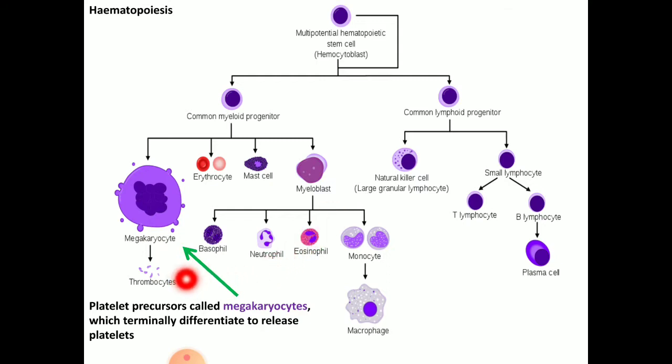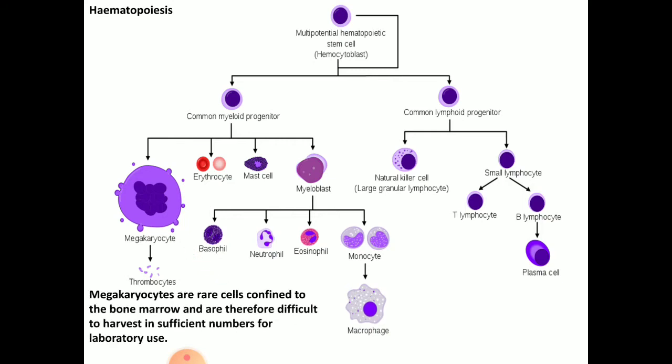The platelet precursors are called megakaryocytes, which terminally differentiate to release the platelets. Megakaryocytes are rare cells confined to bone marrow and therefore difficult to harvest in sufficient numbers for laboratory use. The number is very low.